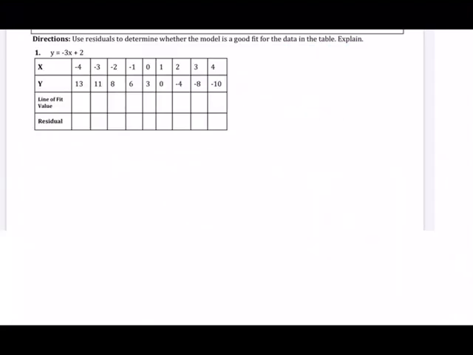Okay, here we go. The first number I'm going to plug in is -4, and I'm plugging all of these numbers in here. So when x equals -4, y equals -3 times -4 plus 2. -3 times -4 is 12. 12 plus 2 is 14. So when x is -4, the line of fit y is 14.